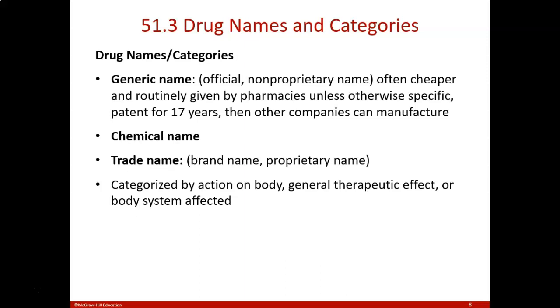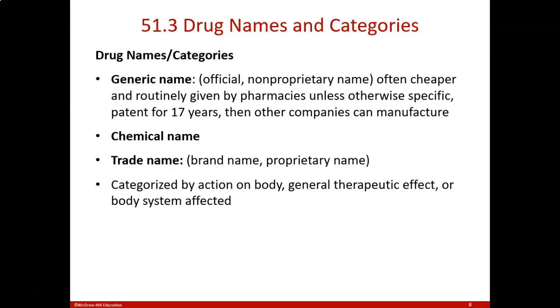What it does is it goes through and categorizes the drug category, what it actually does in the body, and then gives you some examples of both generic names and trade names, okay? Now the difference between a generic and a trade name is the generic name is what's considered to be the official or non-proprietary name, okay? It's usually the first manufacturer that came up with that medication.